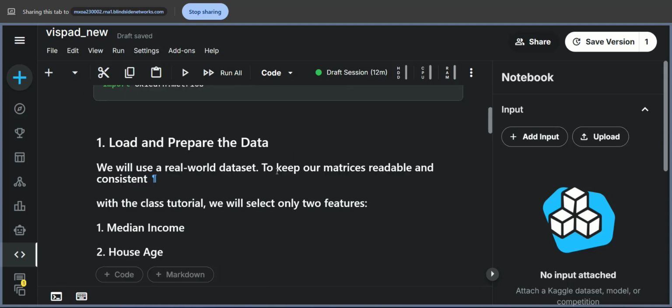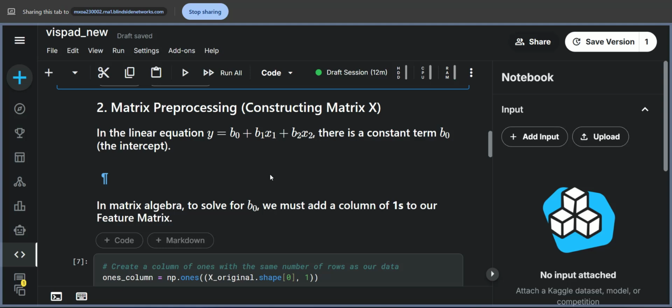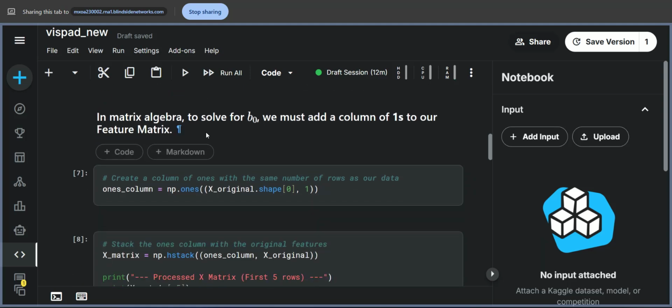Here, this is the famous equation that we all know: y equals b0 plus b1 x1 plus b2 x2. And then we have the constant term b0, which is here, right?